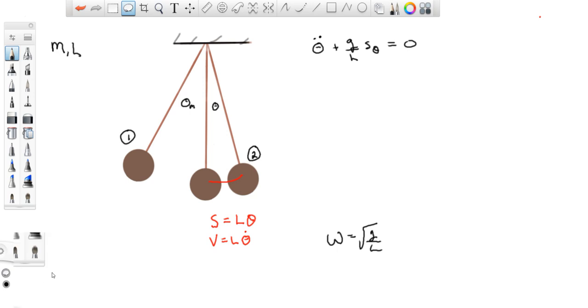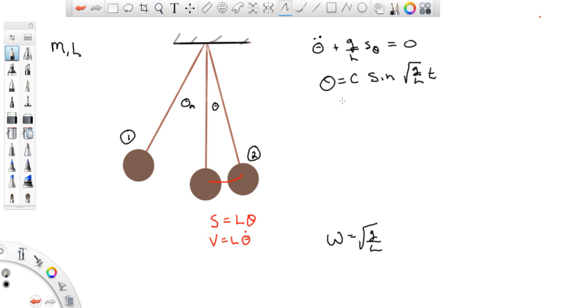So the solution now, we got theta equals a constant times the sine of root g over L times t. Now we can apply that at t equals 0. Theta is theta max, whatever that is. Oops, I made one little glitch here.